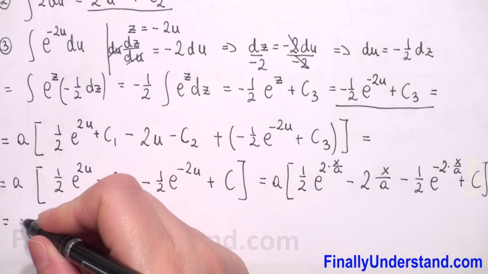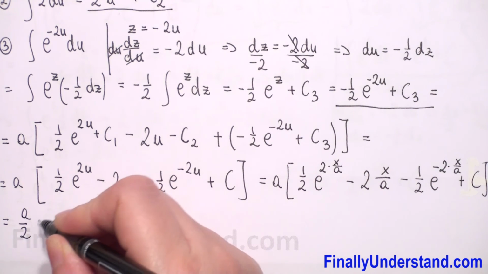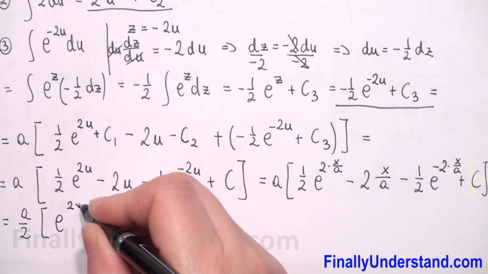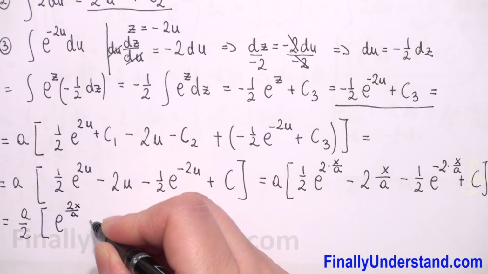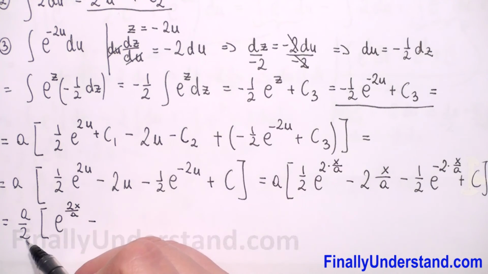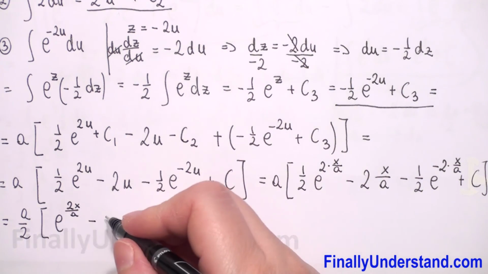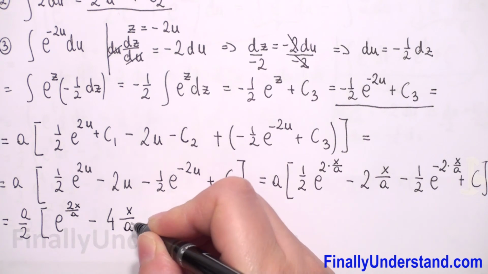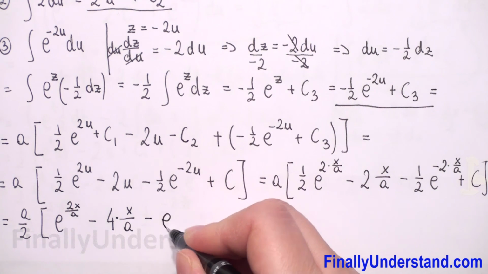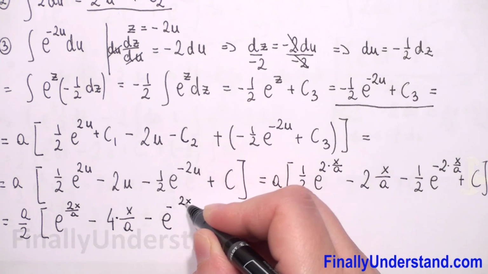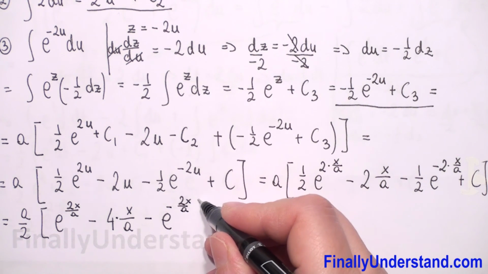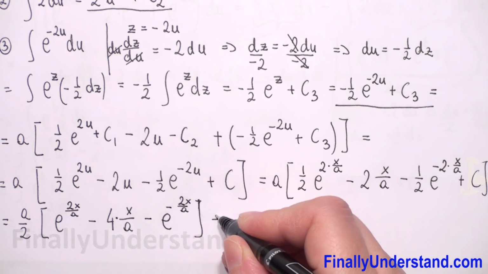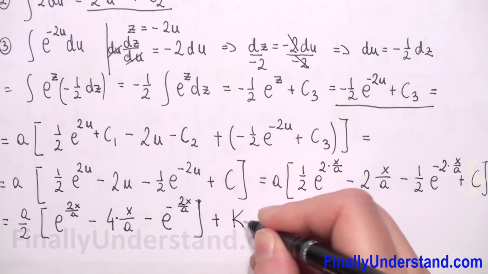So we have a over 2, and in brackets we will have e to the power 2x over a minus, because I have only 2 and I factorize 1/2, so I have to put 4 times x over a minus, we have e to the power negative 2x over a, and like I said, I will put the constant after the brackets, so I can put plus constant k.